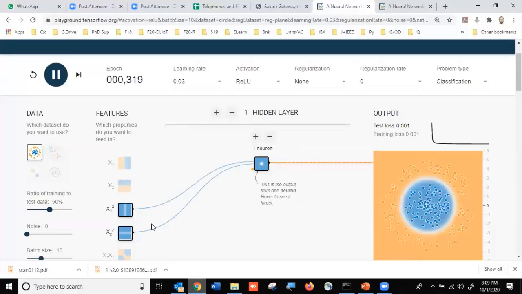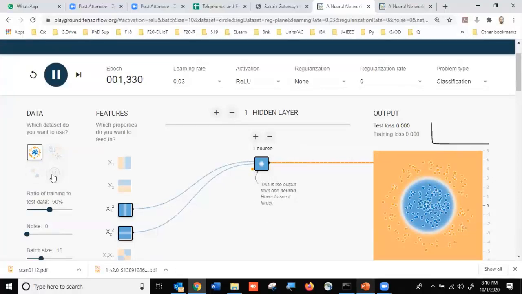I'm simply using x1 squared and x2 squared, and I found a very simple solution, because I've changed the features. I'm using appropriate features, and as you can imagine, the radius of a circle is based on x1 squared and x2 squared. That's why it's able to select not straight lines, but actually circles now, okay?